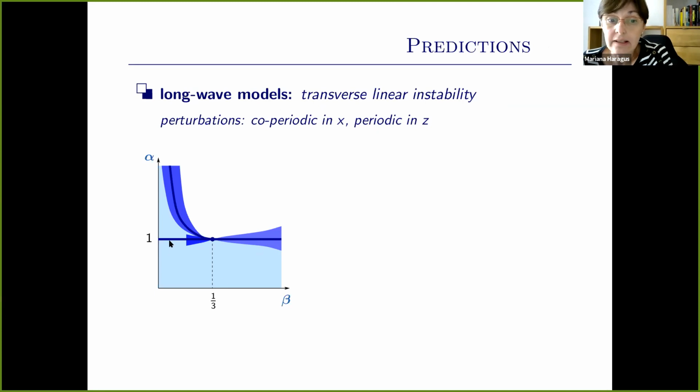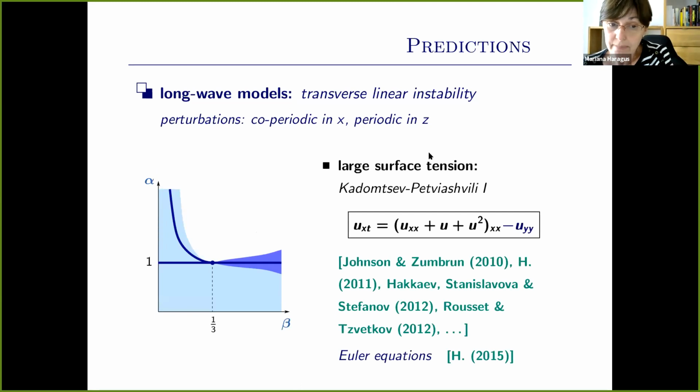And in all these regions, when we take the corresponding model equations there, it turns out that periodic waves are transversely linearly unstable for perturbations which are, as I said, coperiodic in X and periodic in Z, the transverse direction.